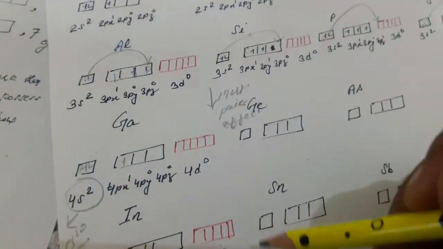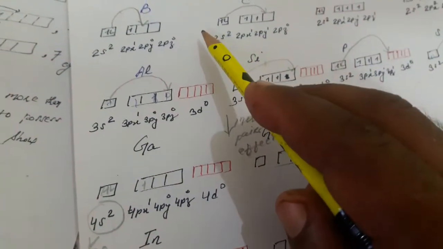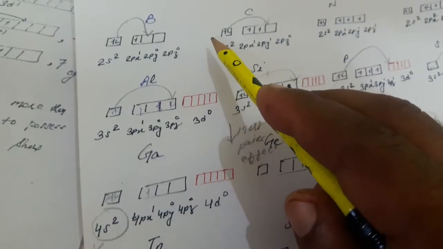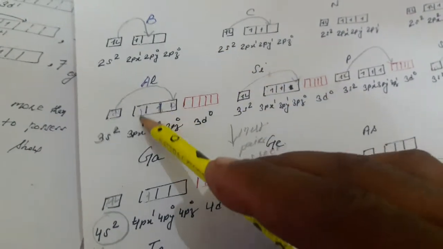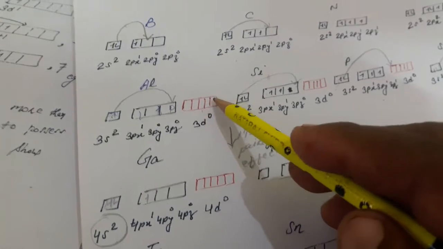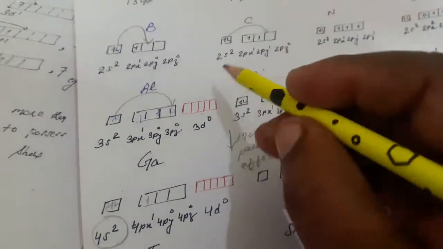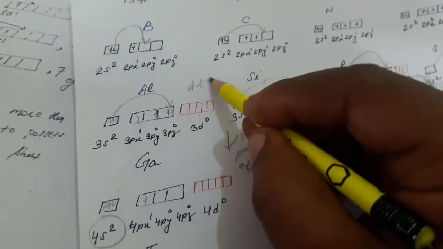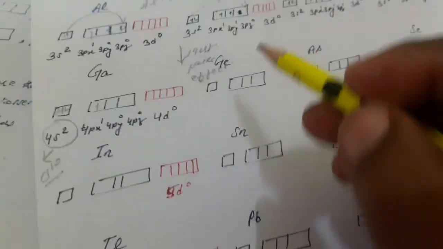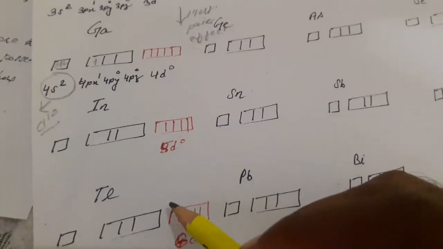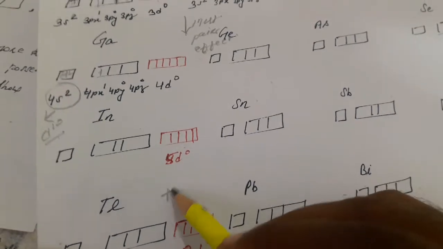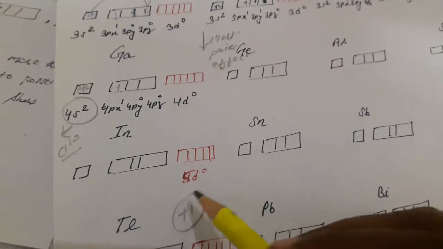So we can say down the group the lower oxidation state is more stable, and above in the group the elements, especially from the second element, exist with the higher, maximum covalency. So aluminum with plus 3 is more stable, and the last element, thallium, with plus 1 is more stable.